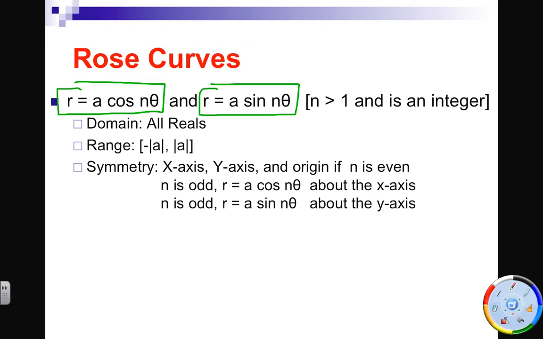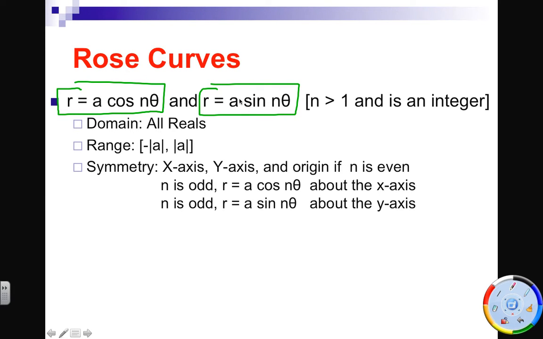Now here's what's cool. You can look at these equations and determine symmetry, even though you'll still have to verify it. Both of these graphs are symmetric about the x-axis, the y-axis, and the origin. They have all three types of symmetry if n is an even number.